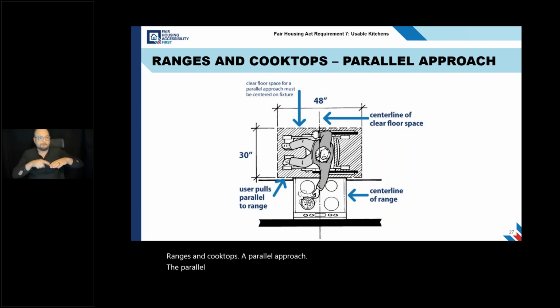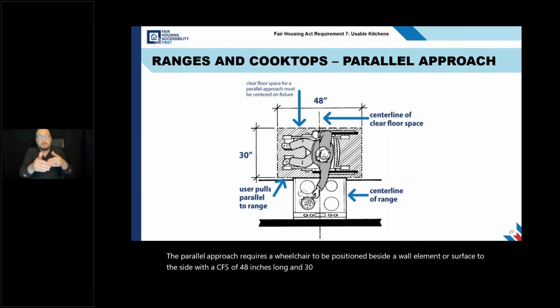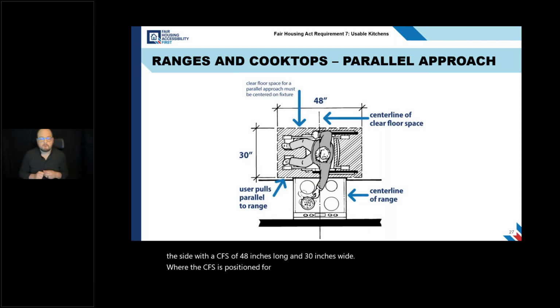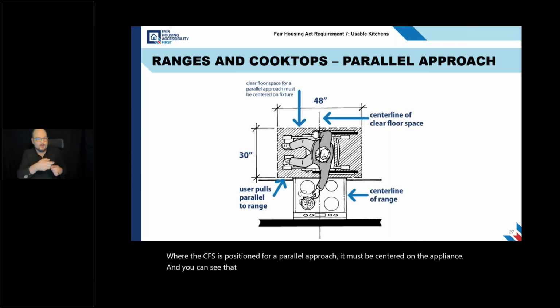The parallel approach requires a wheelchair to be positioned beside a wall, element, or surface to the side with a CFS of 48 inches long and 30 inches wide. Where the CFS is positioned for a parallel approach, it must be centered on the appliance. And you can see that demonstrated in the diagram on your screen.